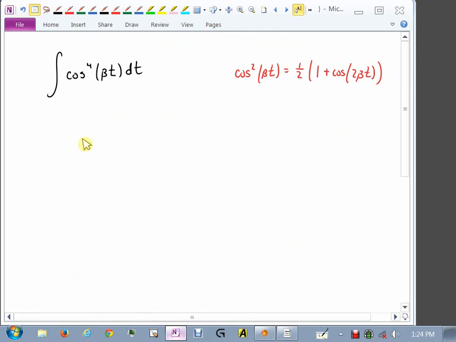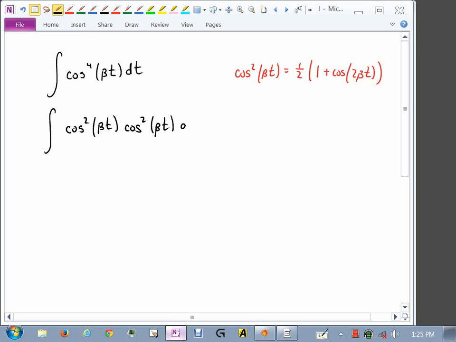So here's the problem we had, cosine to the fourth beta t dt. I'm going to use the fact that cosine squared of beta t is equal to, from the corrected formula, 1/2 times 1 plus cosine 2 beta t. So what I do is I rewrite this integral as cosine squared beta t times cosine squared beta t dt.